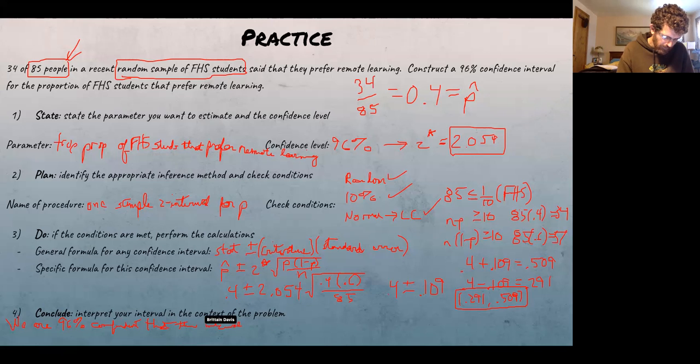from, this is where you write your interval, from, we could say 29.1%. You could just put it as 0.291. It's not a problem leaving it as a decimal.